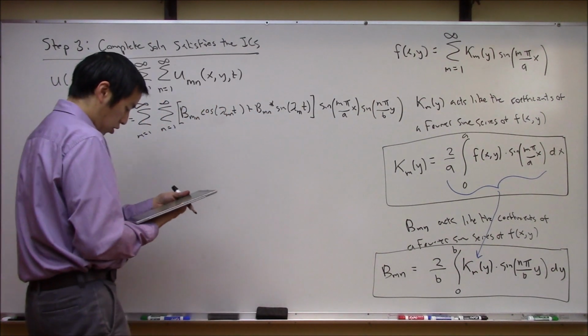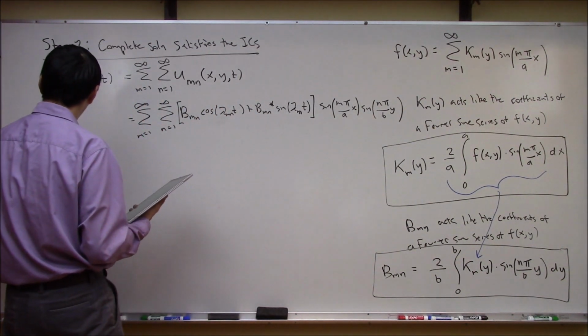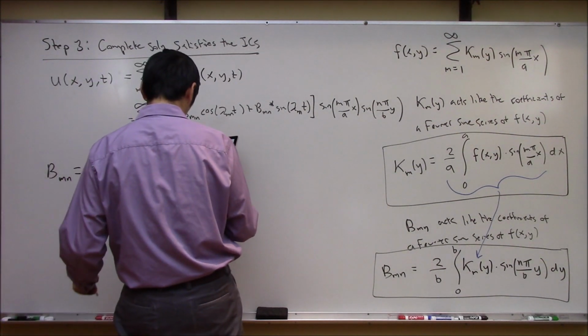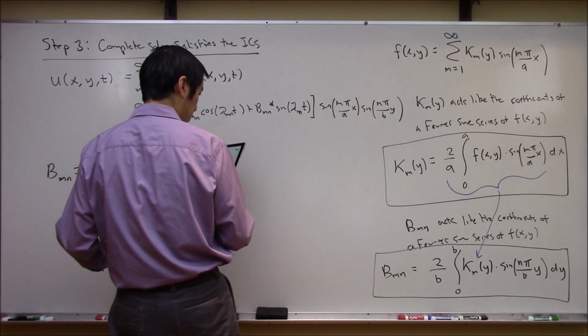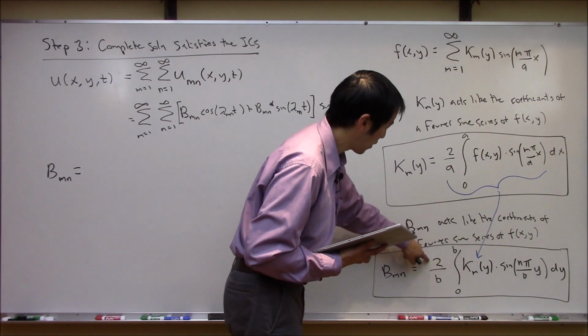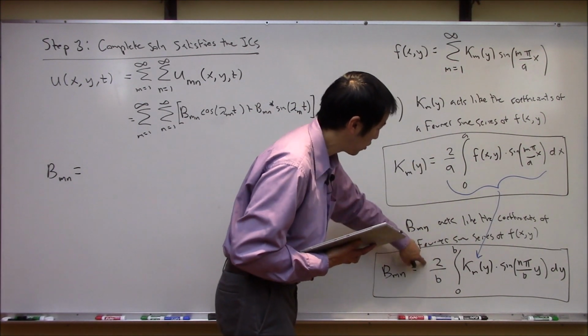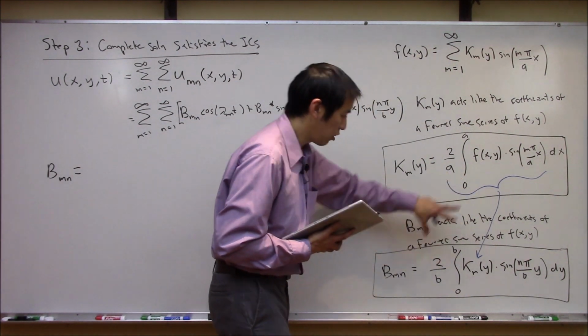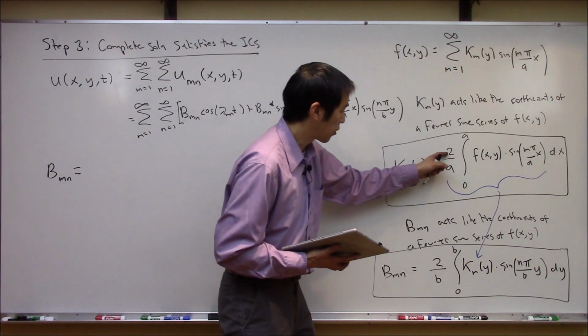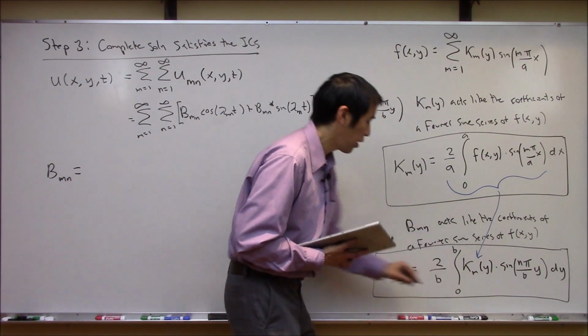Okay, so what we end up with here is these coefficients bmn are going to be, well, once you substitute this, you'll see there's a bunch of stuff that can be pulled out of the integrals here. So in the interest of saving time, let me just do all the simplifications here. It's really just algebra. Just jam that integral into here and pull some stuff out.